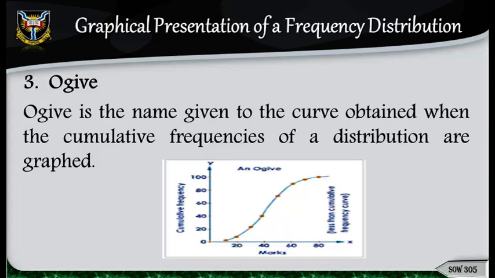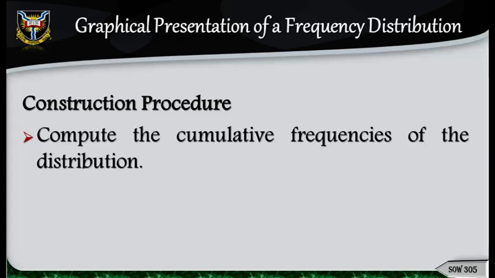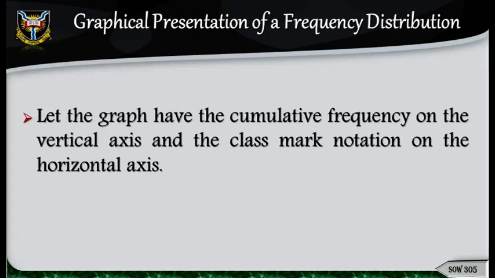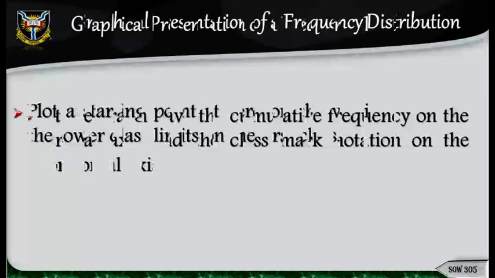3. Ogive. Ogive is the name given to the curve obtained when the cumulative frequencies of a distribution are graphed. Construction procedure. A. Compute the cumulative frequencies of the distribution. B. Let the graph have the cumulative frequency on the vertical axis and the class notation on the horizontal axis.